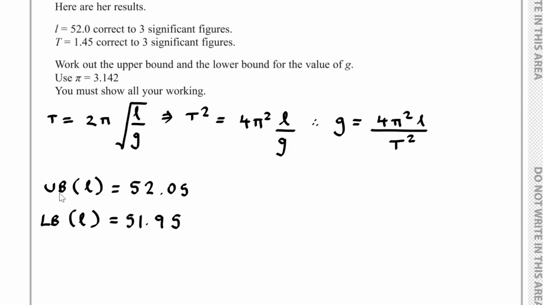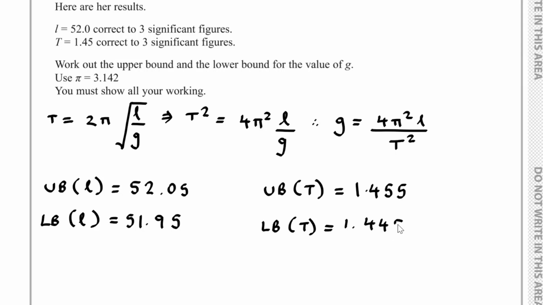So here we've got the upper bound and lower bound of L. We've also got the upper bound of t, which is 1.455, and then we've got the lower bound of t, which is 1.445. These rounded to 3 significant figures give the values of L and t.